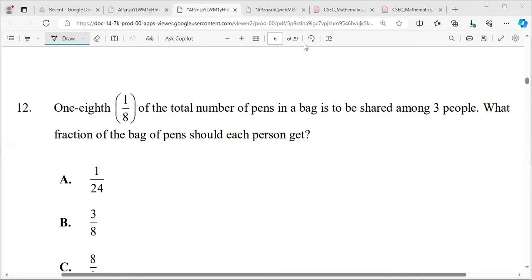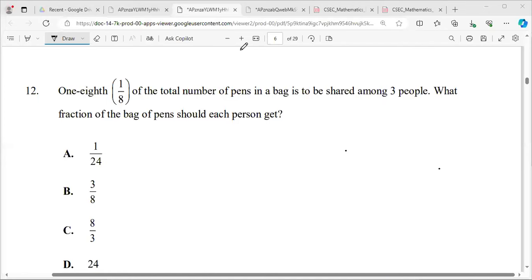So work out that one and then we can discuss. I think this one is a little bit tricky, so be careful with it, guys. Alright, go ahead.